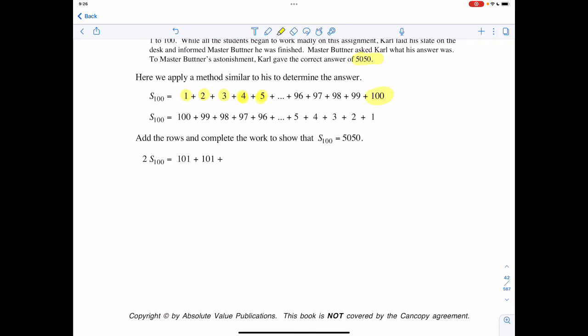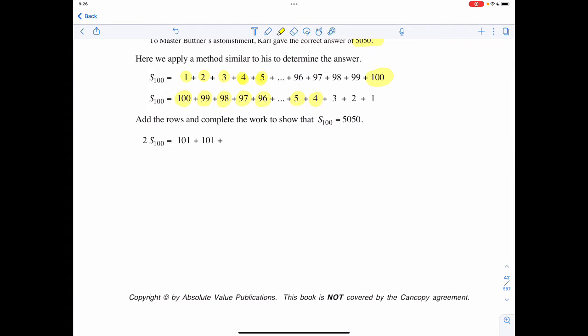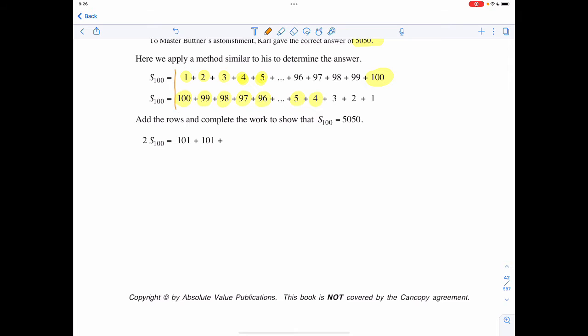If he wrote it in descending order, then it was 100, 99, 98, 97, 96, 95, and so on and so forth. What he did was he vertically added the rows and found that if he took the first term and the last term, they added up to 101.